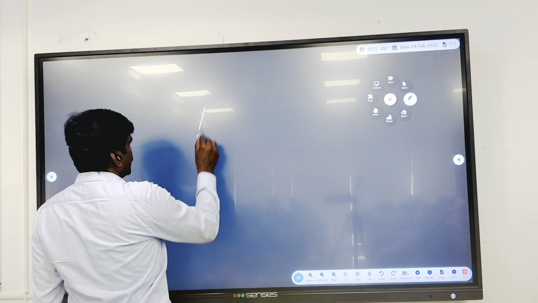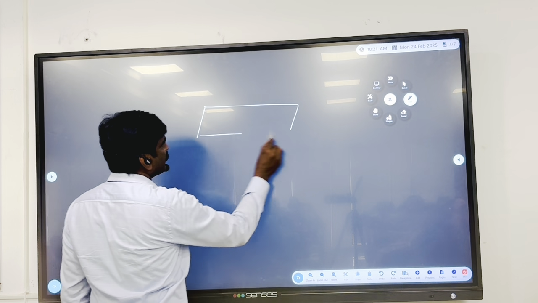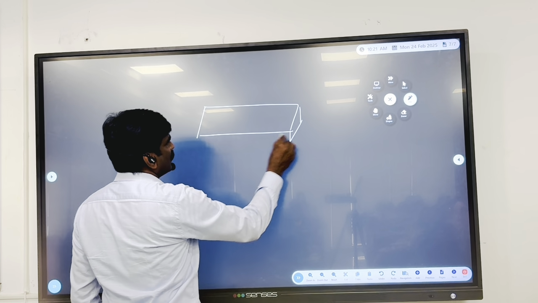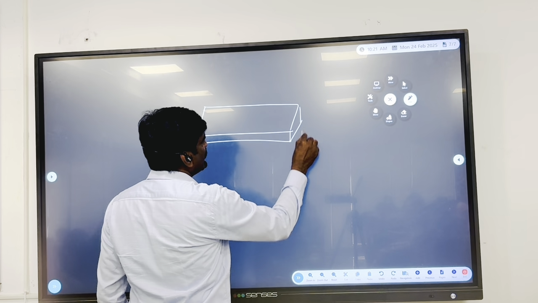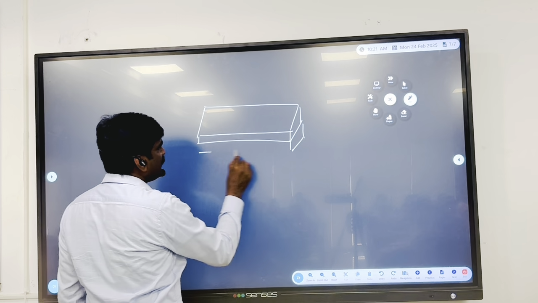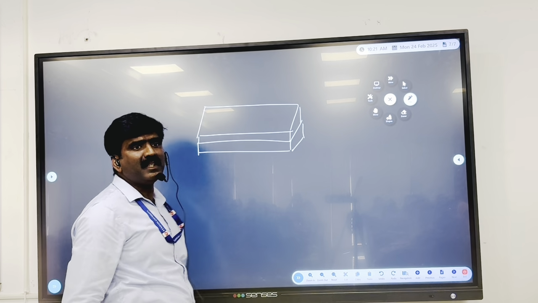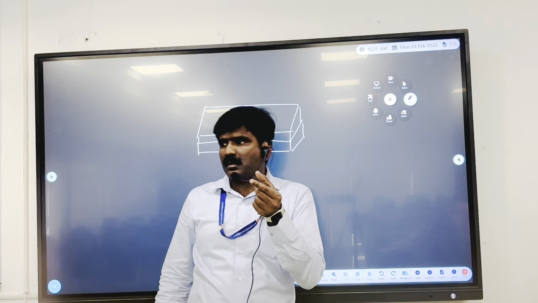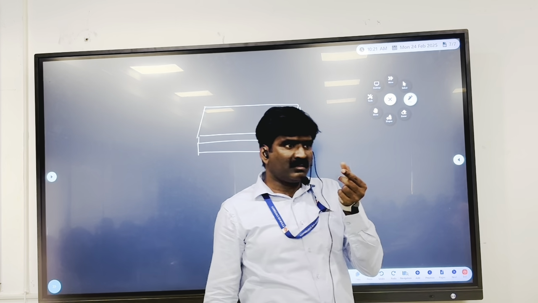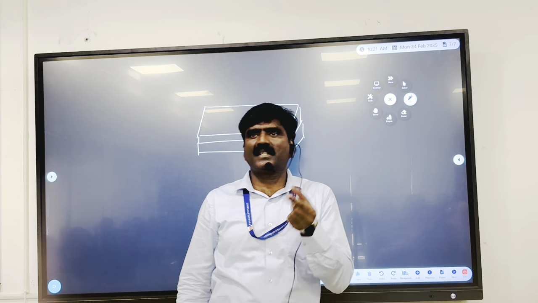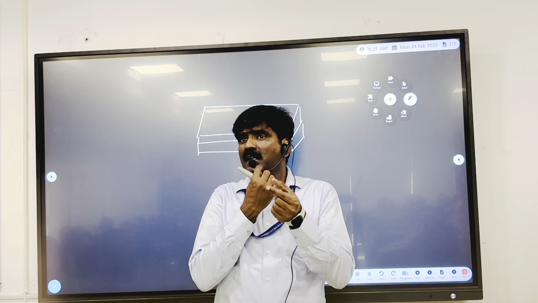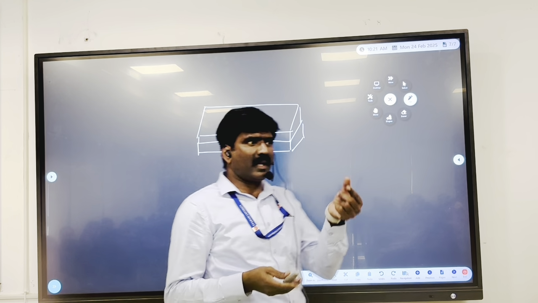Now coming to the fourth principle. Now what we are doing, we are repeating the same experiment with thick myocardium. The thickness of the cell, imagine it is double, right?